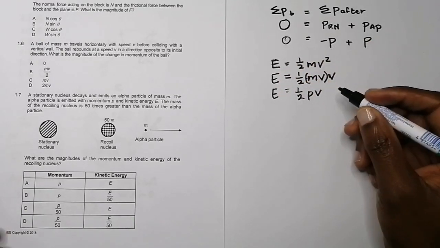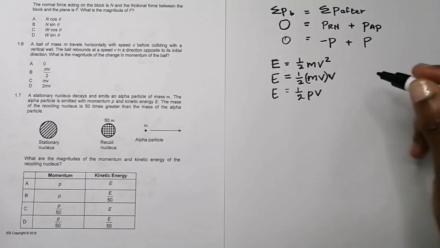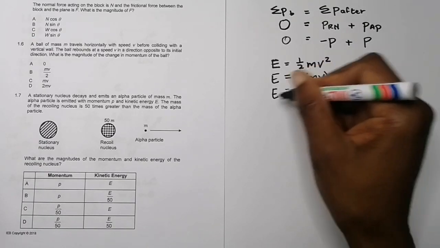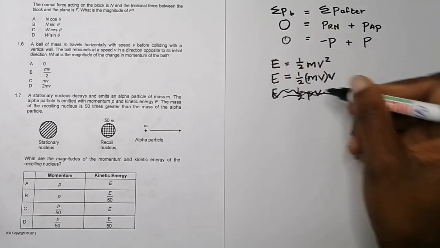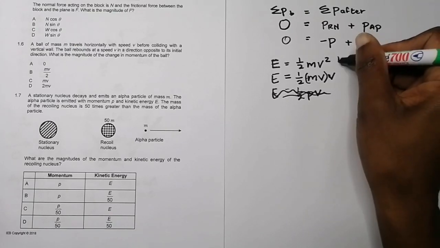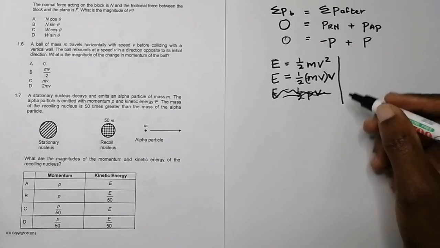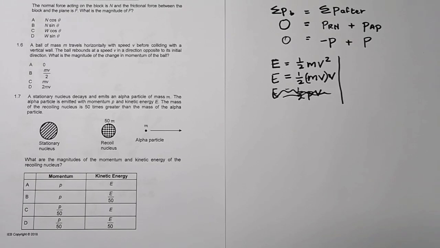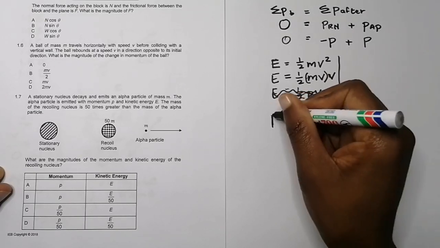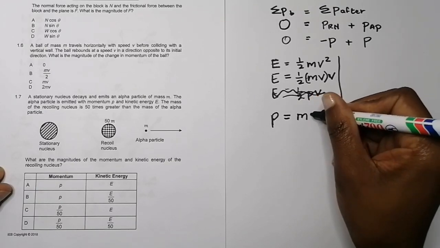Now, let's talk about the recoiling nucleus. In fact, maybe I shouldn't have done that, because I need that mass m there, so I'll just leave this as mass m. But now what would be the kinetic energy of the recoiling nucleus if its mass is 50 times greater? If their momenta are to be the same, let's take the alpha particle: the momentum is P, the mass is m, and the velocity is v.